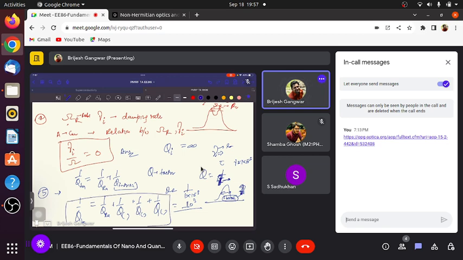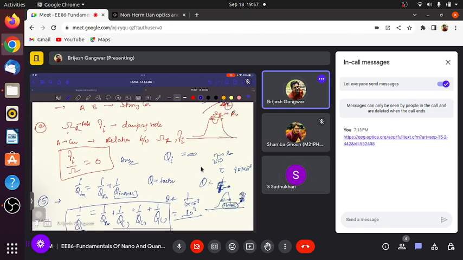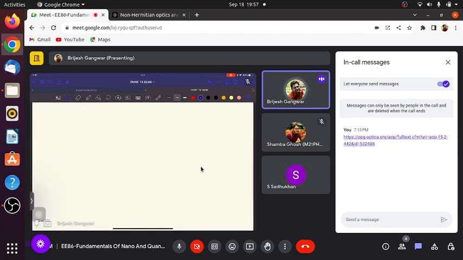So the fifth question is, let gamma r be the Rabi oscillation frequency and gamma I the damping rate.